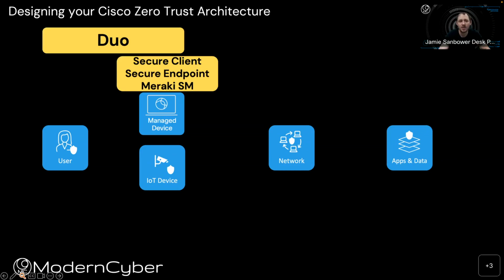So when it comes to Duo, for example, we're able to establish trust of users. We're also able to establish trust of those managed and unmanaged machines. Now, while Duo is focused on the end user, it's not going to authenticate the IoT device itself. We'll get to the IoT use case in a second.